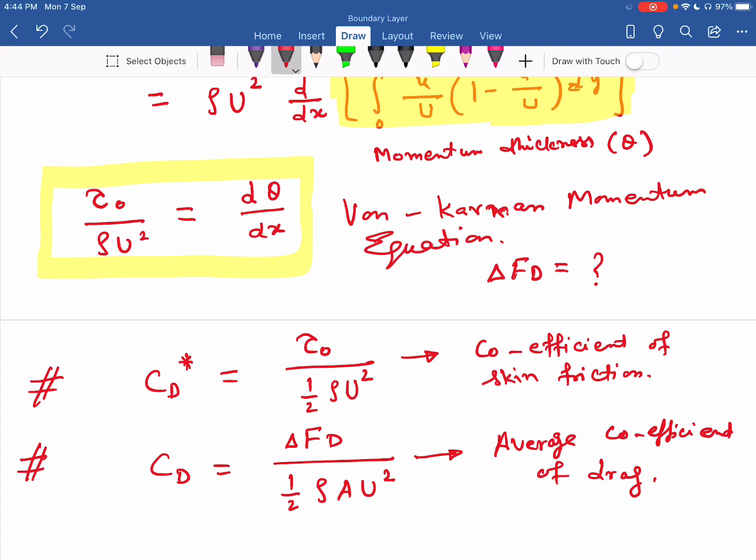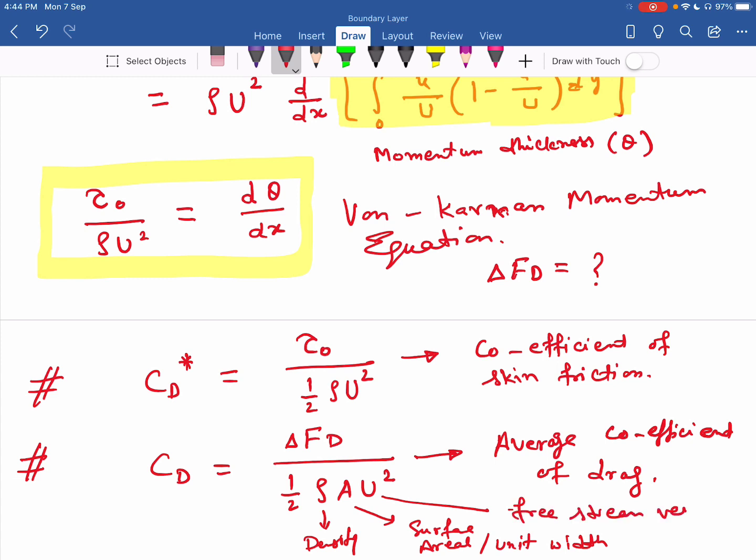Where ρ is the mass density, A is the surface area per unit width of the plate, and U is the free stream velocity. So these are two more terms that we can relate with the boundary layer. So this is all about boundary layer in your syllabus.